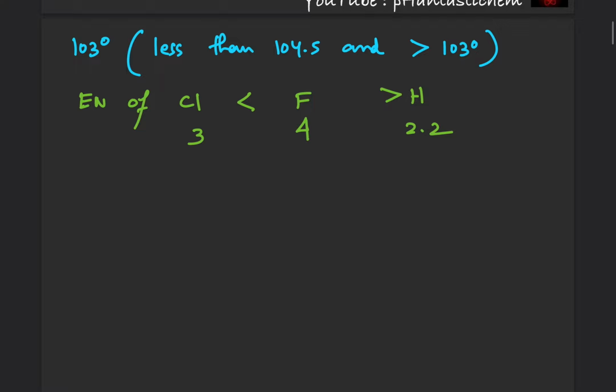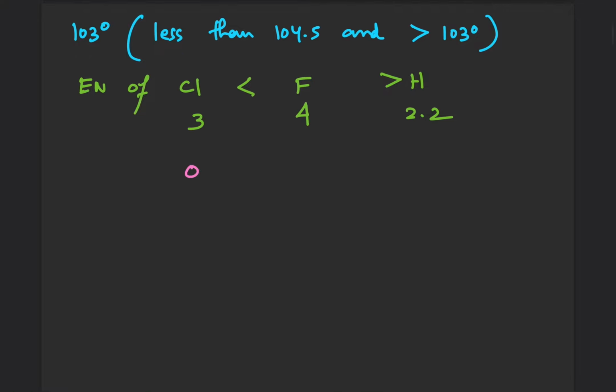Okay, so if we look at the structures OCl2, OF2, OH2, the electrons are near fluorine here. Here they are very near oxygen. Here they will be somewhere in between.